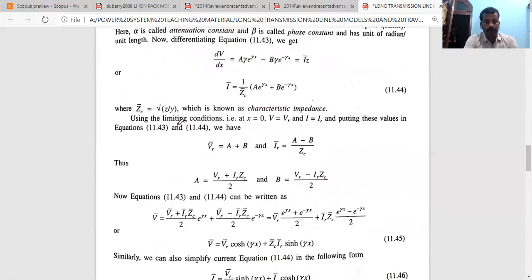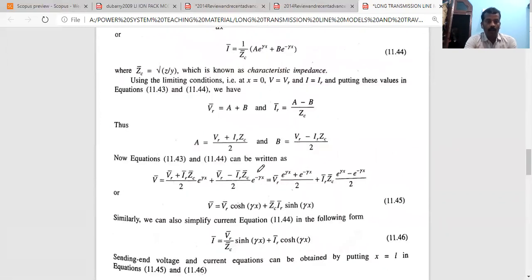After putting the values at the limiting condition, we get VR and IR equal to these two equations, 1 and 2. Now we will calculate the values of A and B from these two equations.